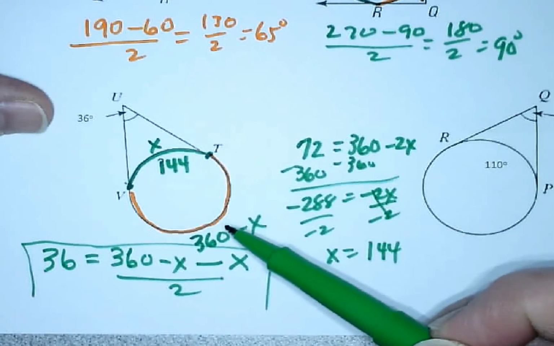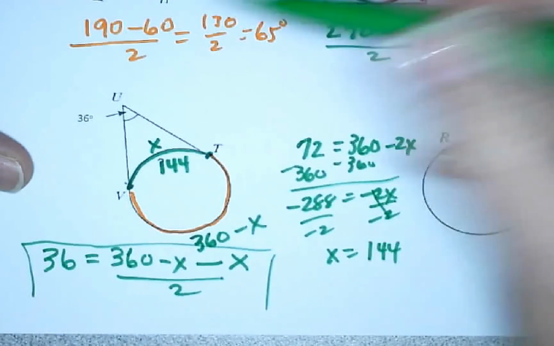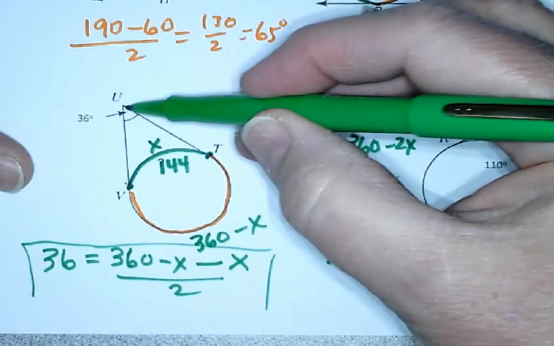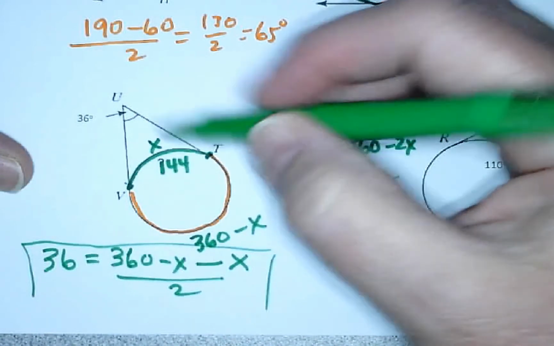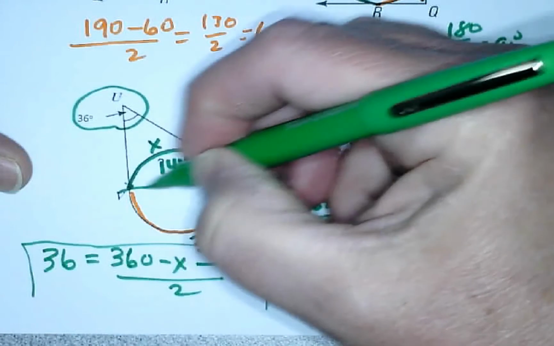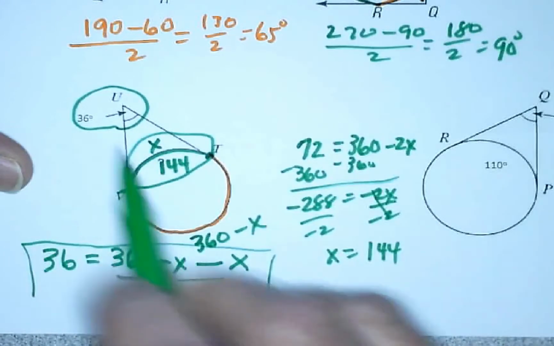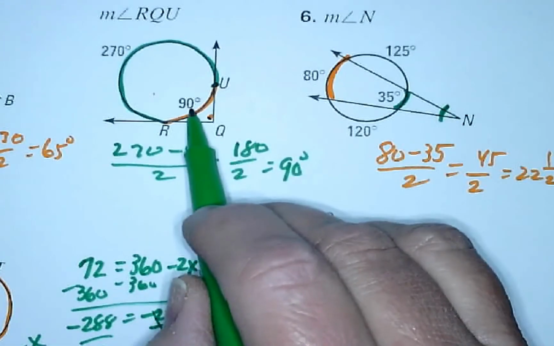Okay? Now I want you to look at, there's a relationship here, and this is only true for an outside angle formed by two tangents. Okay? That is the relationship between this angle and its first arc. Look at the relationship, 36 and 144. Look at this one, 90 and 90.